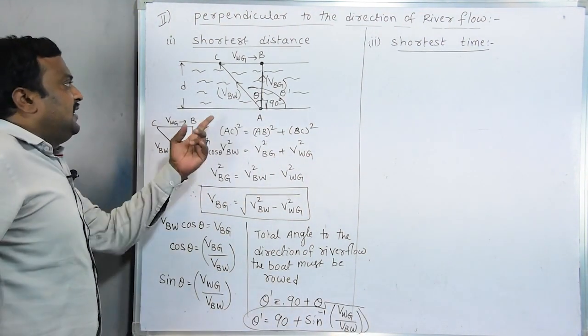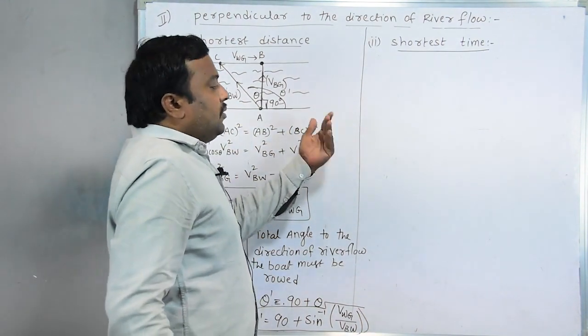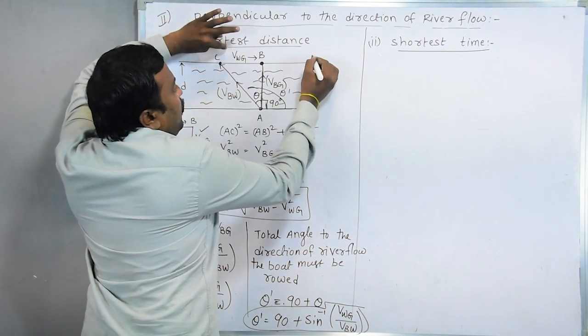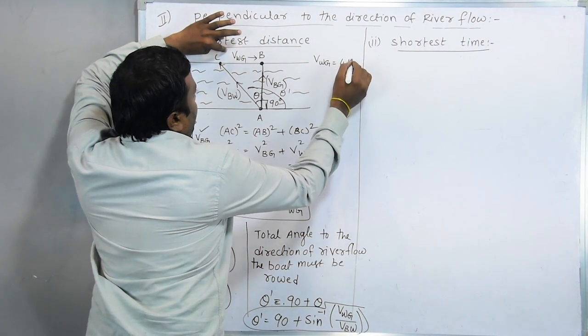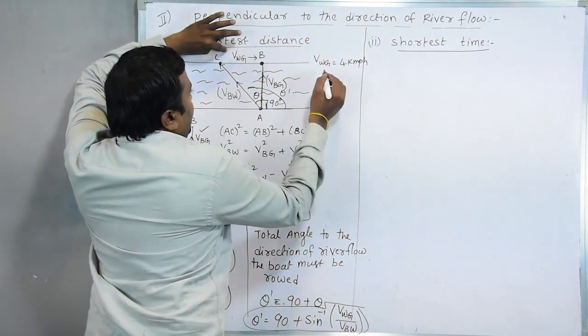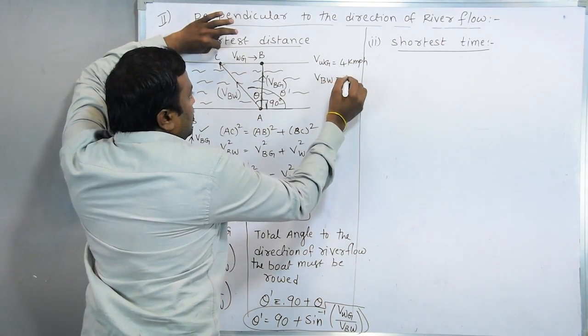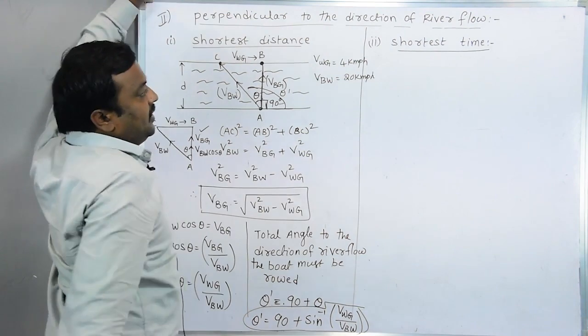So suppose these values are given, we will see this example related to shortest distance also. You see, velocity of water with respect to ground, some 4 kmph he gave. Velocity of boat with respect to water, some 20 kmph he gave.